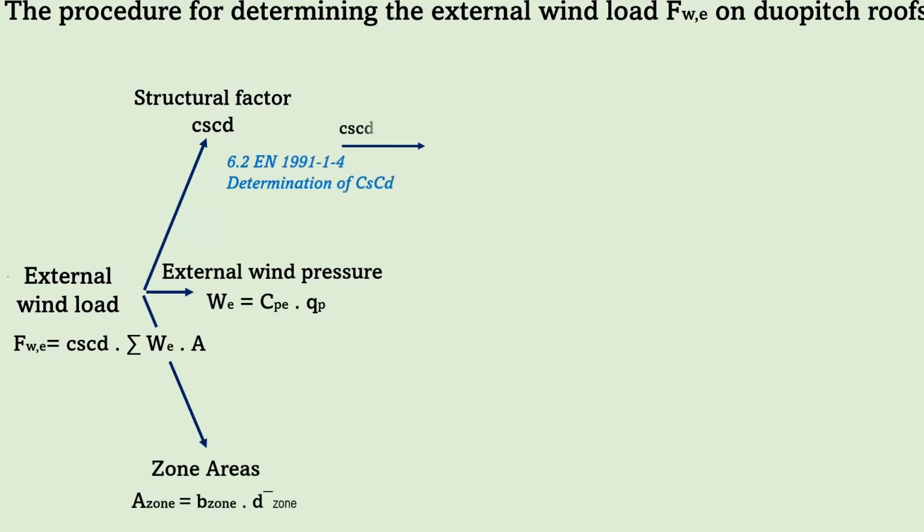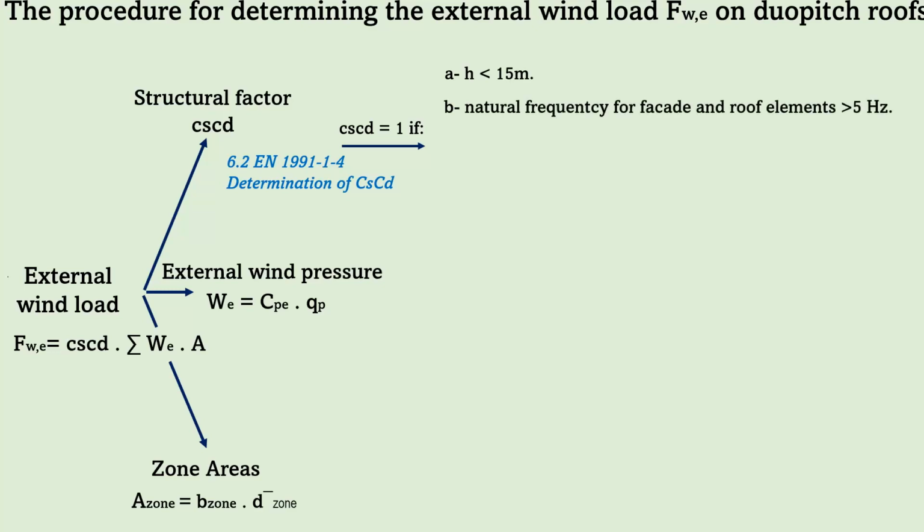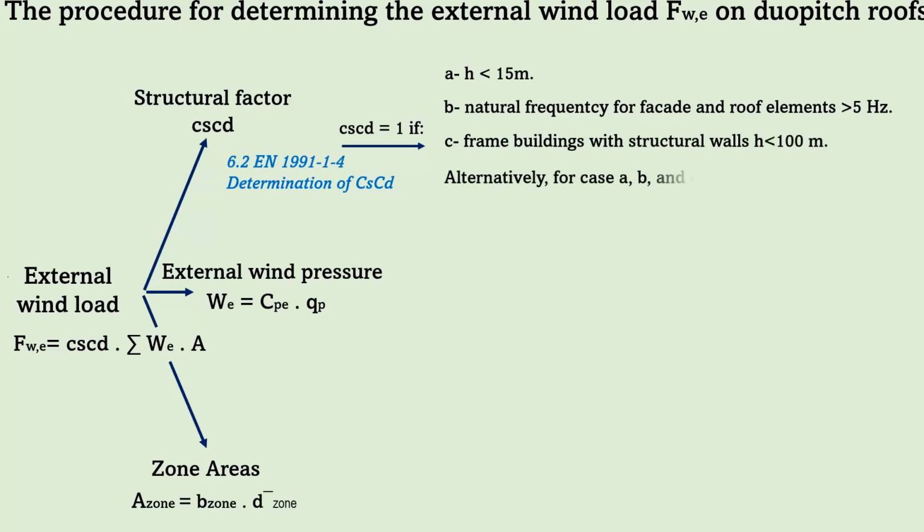CSCD equals 1 if A, the height of the building is less than 15 meters, B, natural frequency for facade and roof elements greater than 5 Hz, C, the height of the frame buildings with the structural walls less than 100 meters. Alternatively, for cases A, B, and C above, CSCD can be derived from 6.3.1 Eurocode 1991.